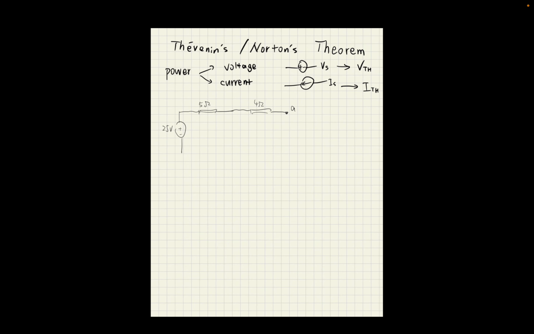This is point A, we're going to use it later. This is an 8 ohm resistor, this is point B. Here we also have a current source, 3 ampere. And here we have the last one, 20 ohm.